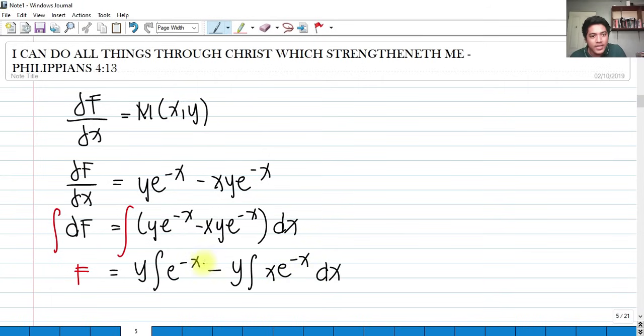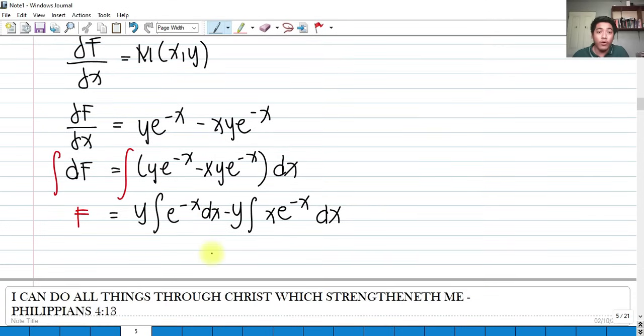Both of these have dx in it. I've already distributed the dx as well as the integral sign and factored out the y's here because it is considered as constant, since we are only integrating in terms of dx.